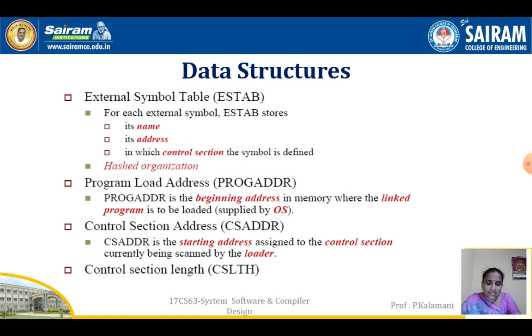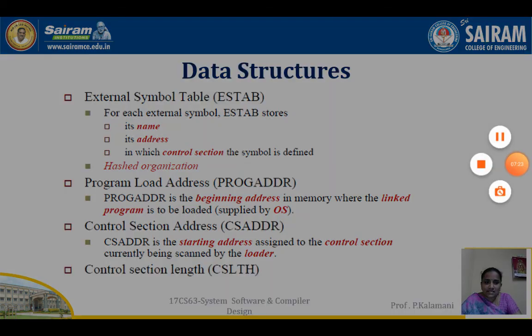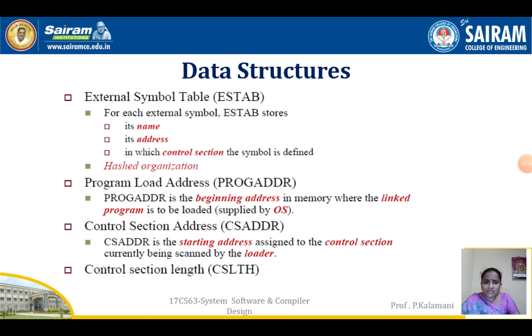Then we have CSLTH, the control section length; each control section has a length. Keep in mind that there are four data structures in a linking loader: the external symbol table, program address, control section address and control section length.